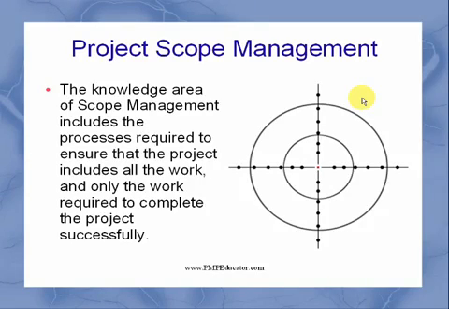You want to make sure that only required work is done and nothing else. Anything in addition to the scope is called scope creep, and we will also discuss that topic in the next lecture series.